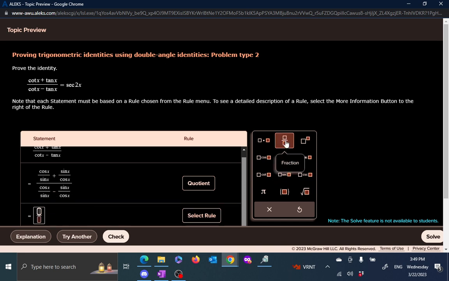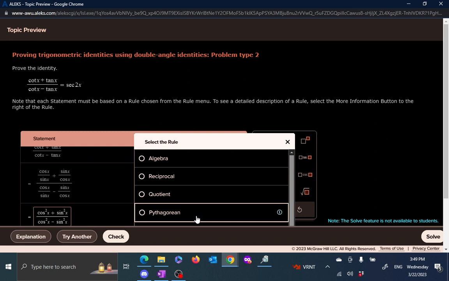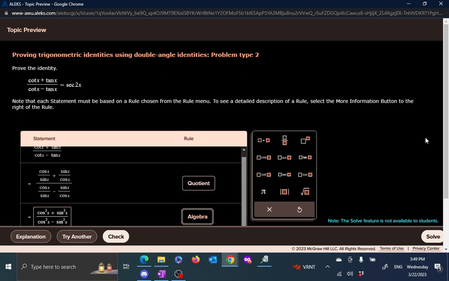Let's see if we can go through in one stroke, or whether this would give us a bit of a headache. Here I have cosine square of x minus sine square of x. In doing that, we just did algebra.